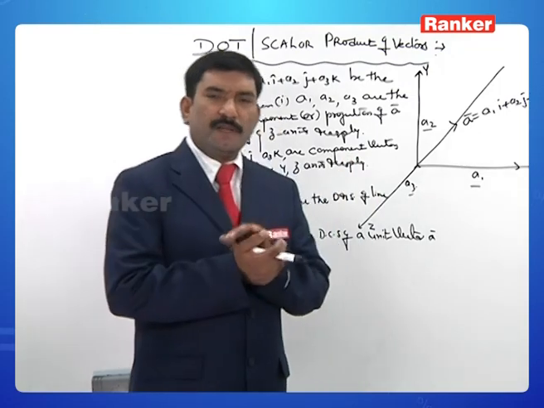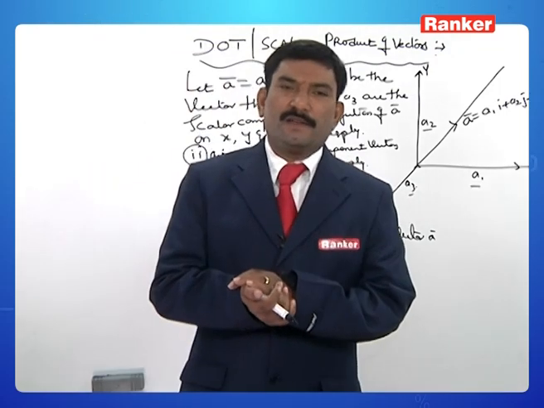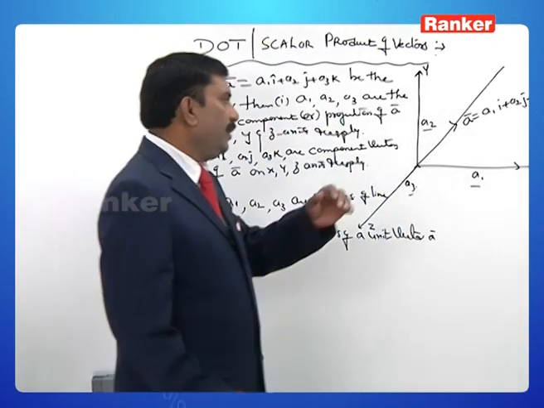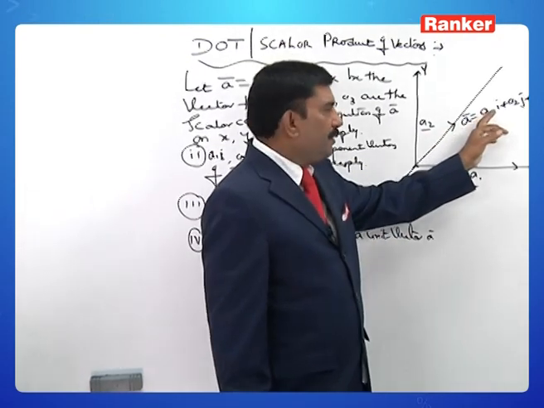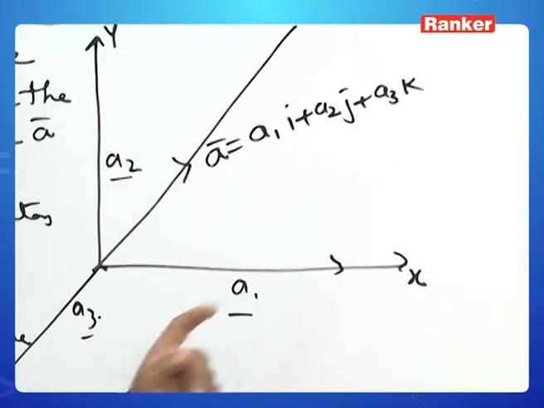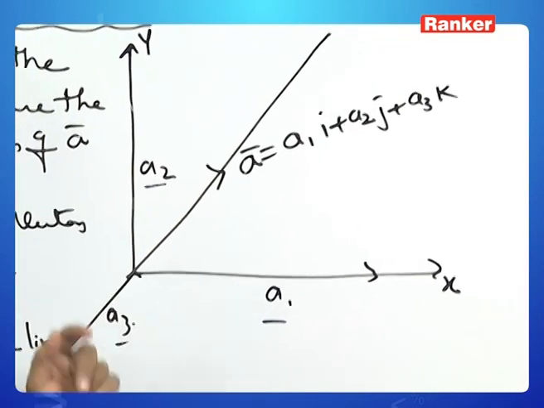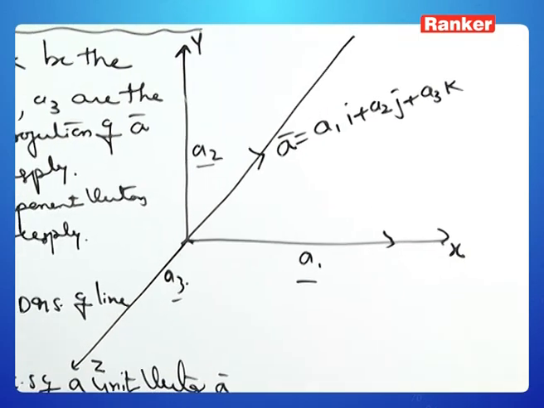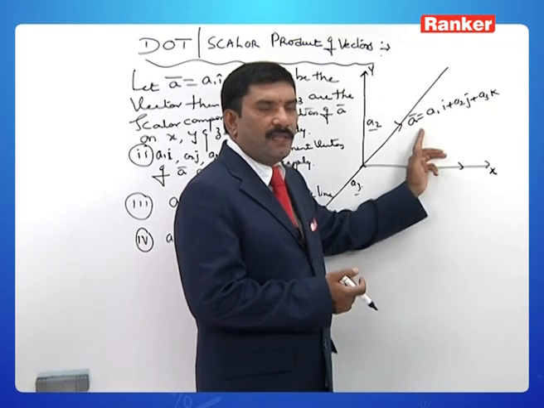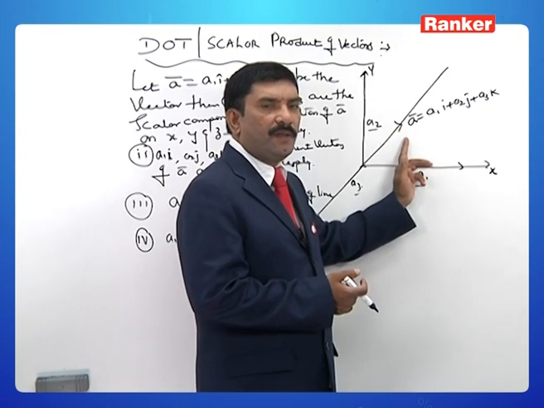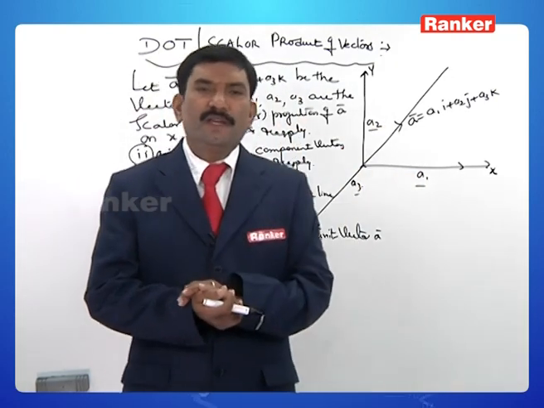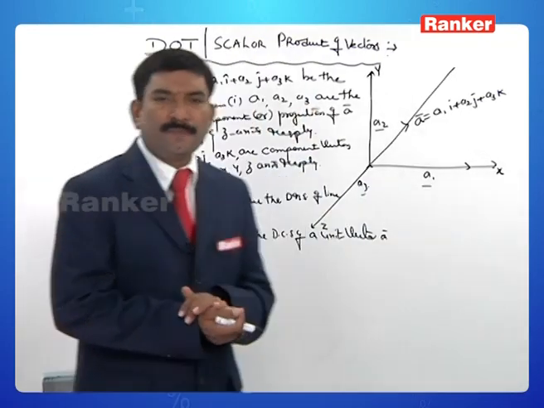This part is very important. You will get a very logical question in the examination. Now, if I take A bar is equal to A1i plus A2j plus A3k, this is the x, y and z axis, three dimensions. A1 is the scalar component or projection of A bar on the x-axis. Similarly, A2, A3 on the y and z axis respectively.